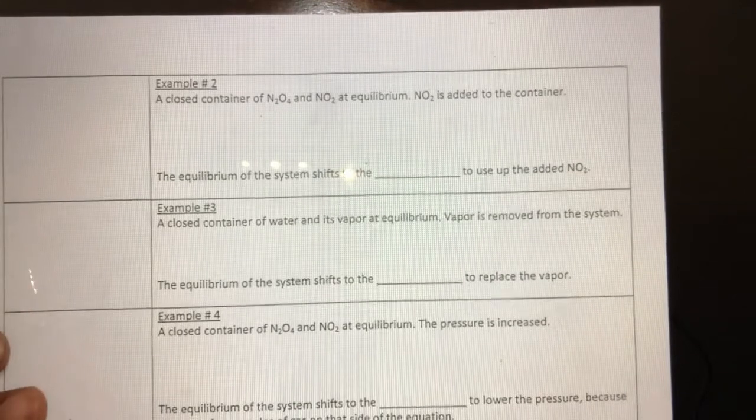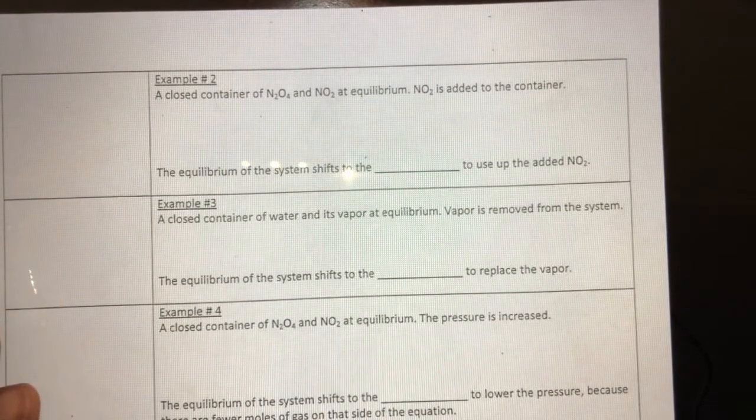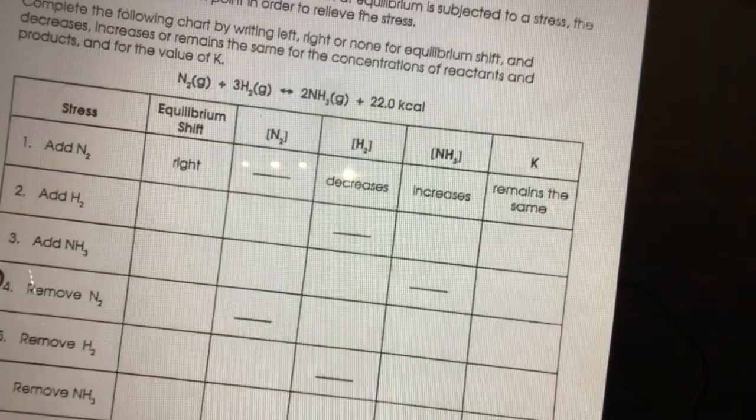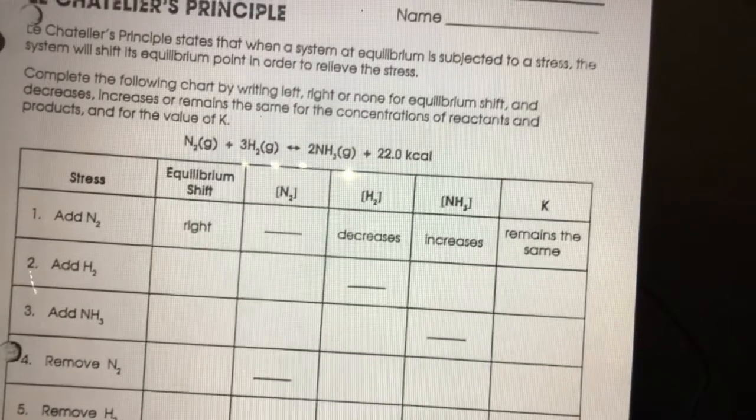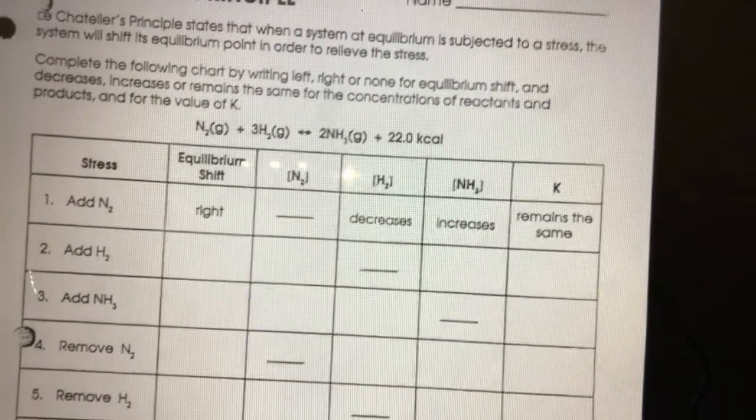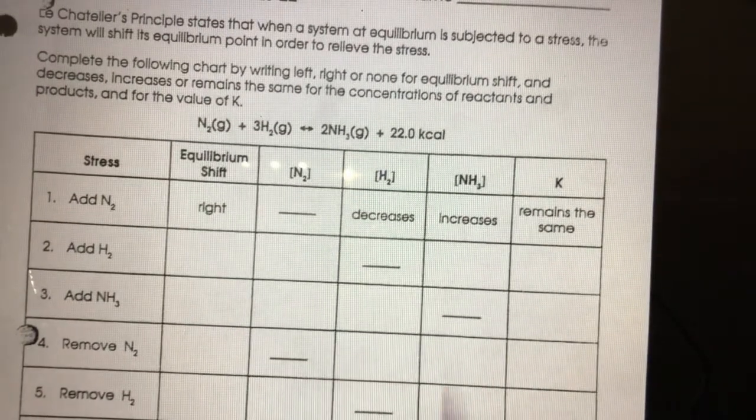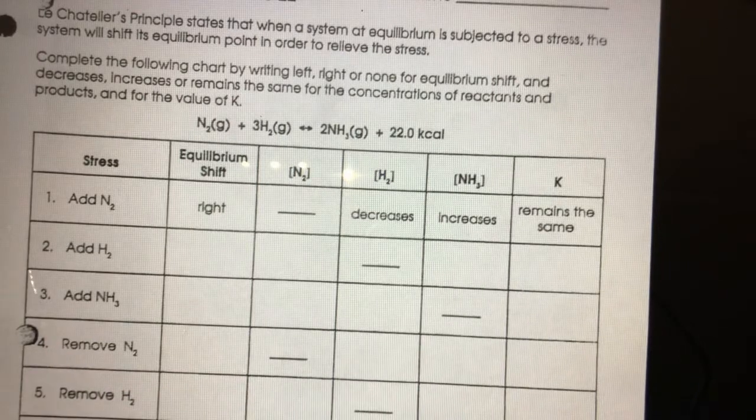Check Google Classroom to find out what page it goes on, or check the table of contents that will be updated. The second thing that you will need to print out or put in your notebook is the assignment that is going to go along with this. You're going to have several assignments for Le Chatelier's Principle, and there will be a quiz on this. So please make sure you're doing this and you're familiar with it.